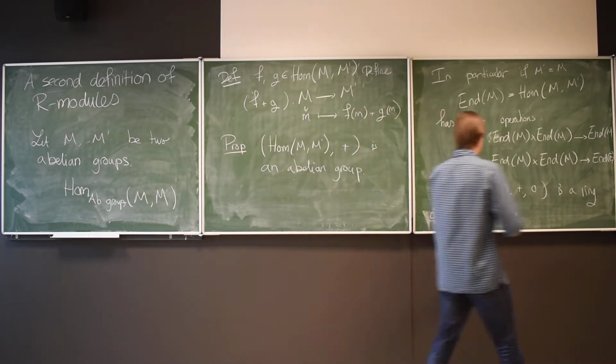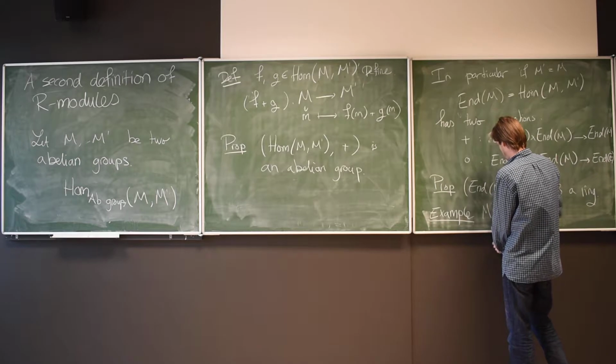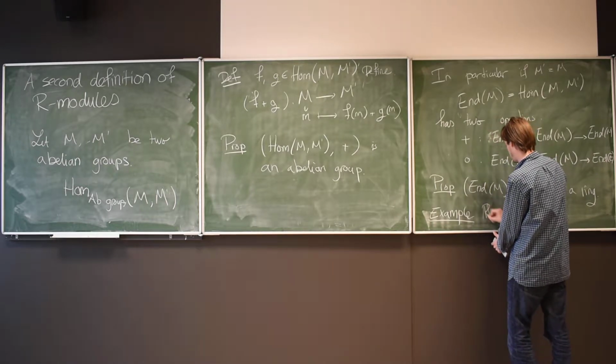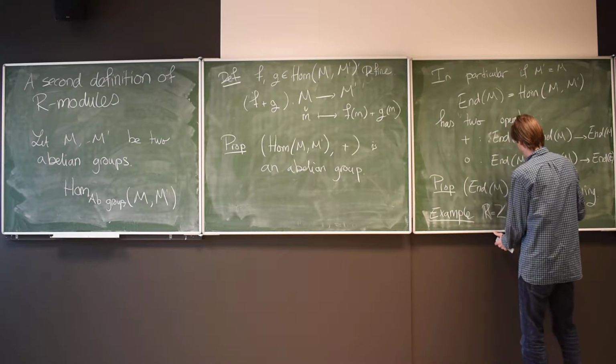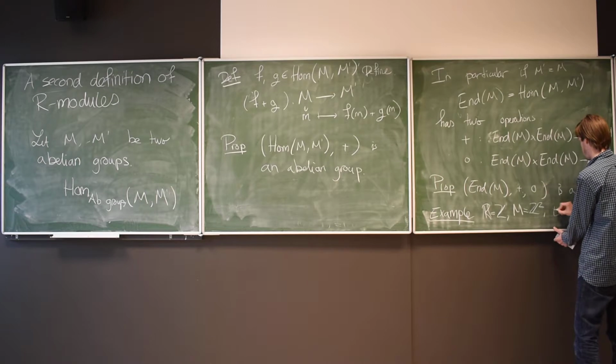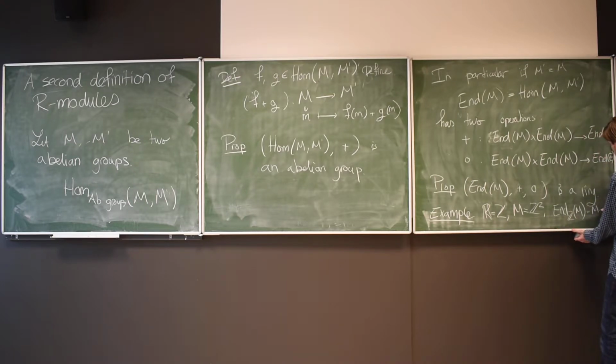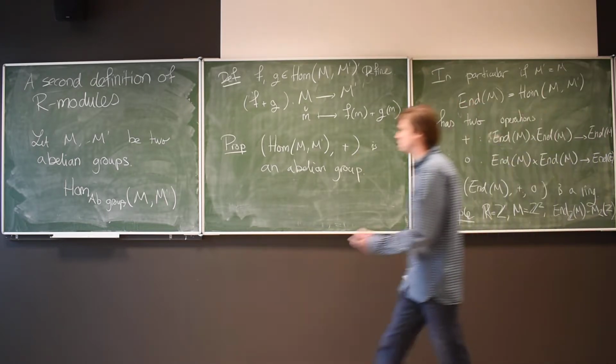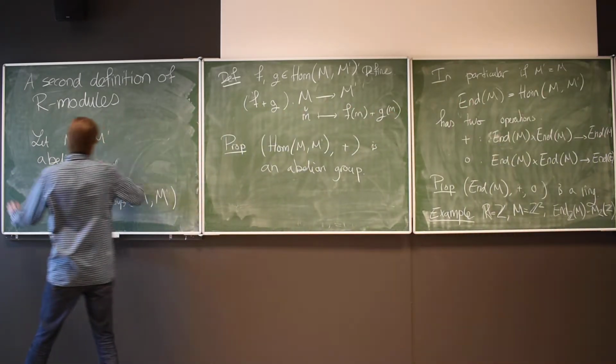Let's just take R equal to Q, or maybe R equal to Z, and M equal to Z squared. Then the endomorphisms of M are equal to 2 by 2 matrices, but where I have now coefficients in Z. Okay, so that's a non-commutative ring.